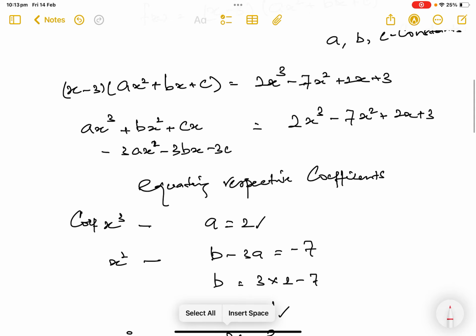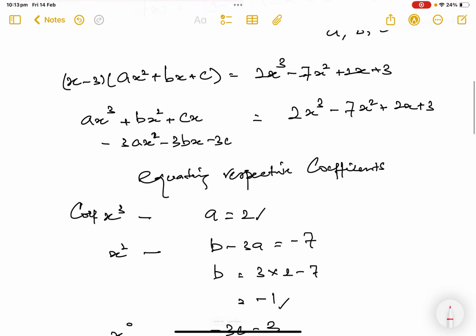If you remove the brackets on the left-hand side, x times ax² is ax³, plus bx², plus cx, and then minus 3ax², minus 3bx, minus 3c. And the right-hand side, same, 2x³ − 7x² + 2x + 3.